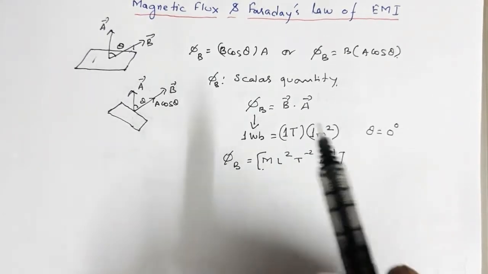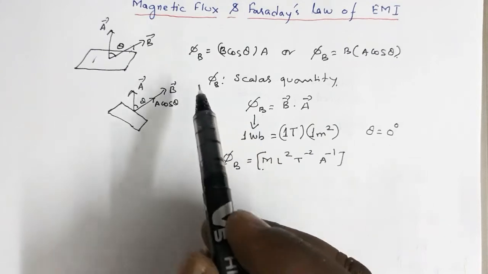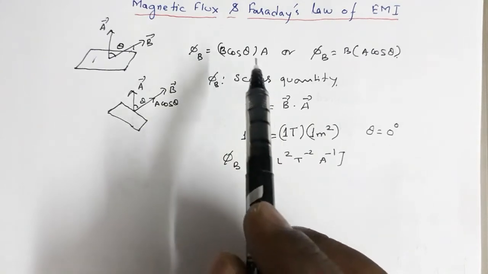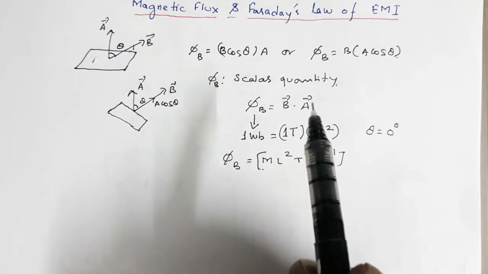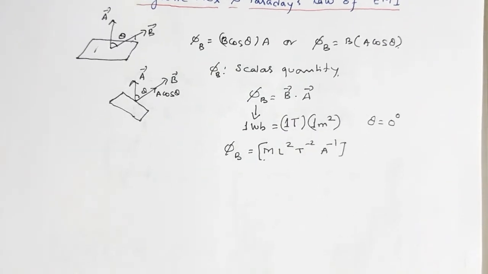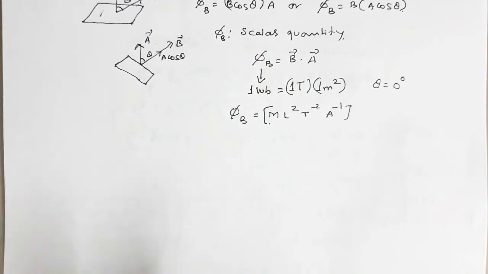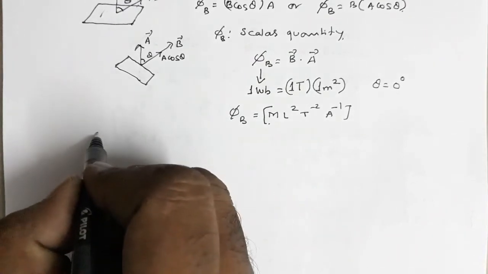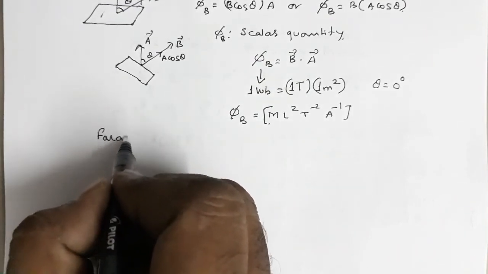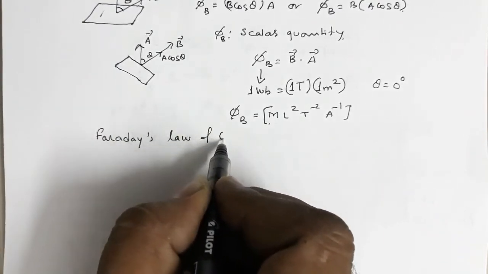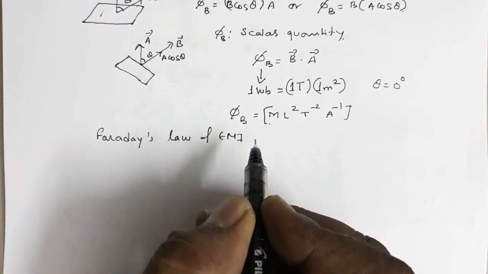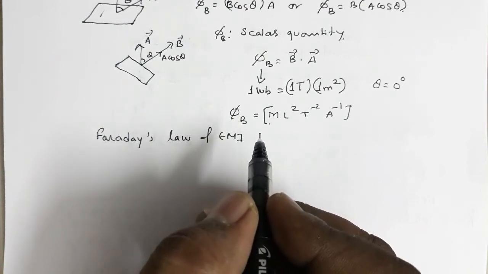Now later we will see in this chapter how a change in magnetic flux induces an EMF, and this observation was made by Michael Faraday. So we have Faraday's law of electromagnetic induction.